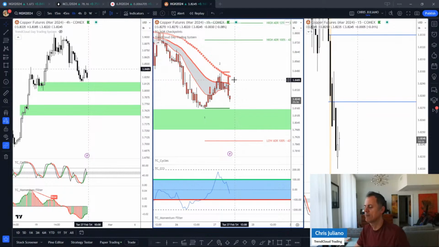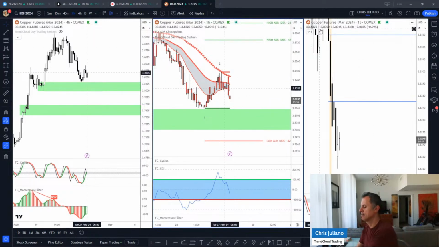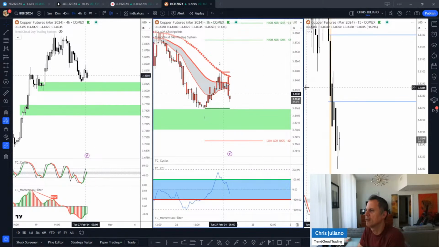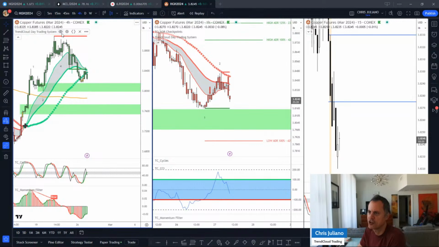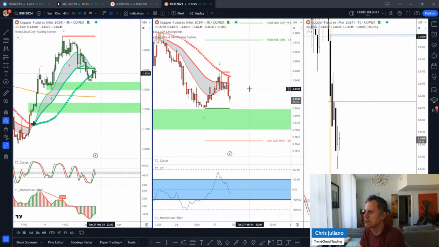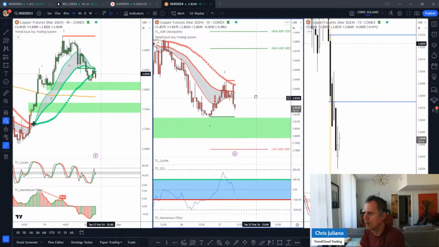That's what it's all about. Finding landmarks and developing some sort of entry strategy around those landmarks. That's what we do. But you've got to have that cohesive trade plan first.